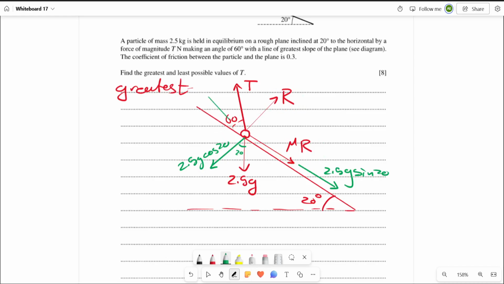So I'm going to have 2 components for T. I'm going to have one in this direction. T, I'm closing on my angle, so it's cosine 60. And over here, I'm going to have a component in the y direction moving away from my angle, so it's T sine 60. And I know that this is scenario number 2, where sigma Fx equals 0 and sigma Fy equals 0.